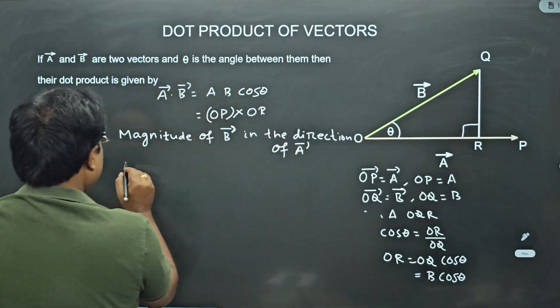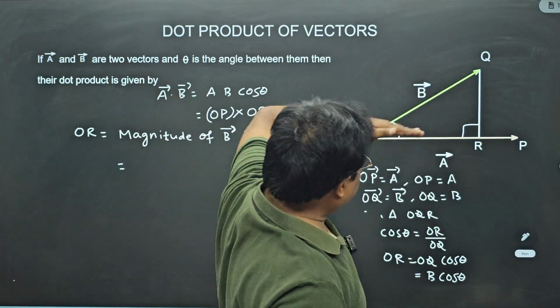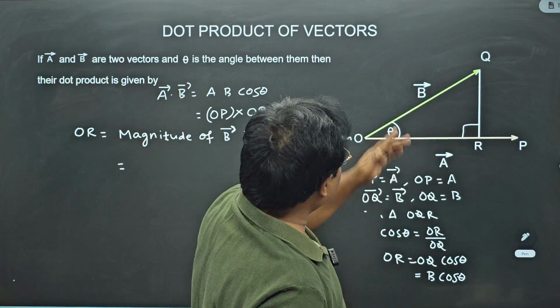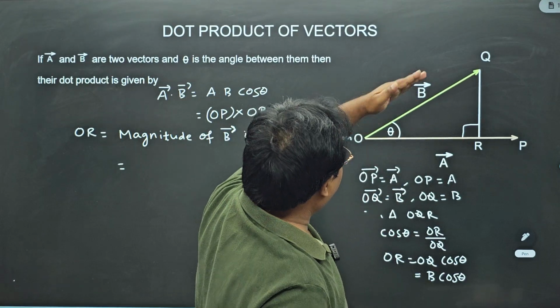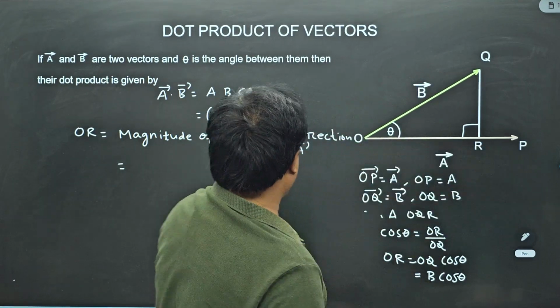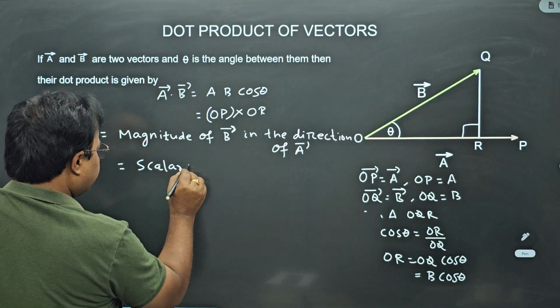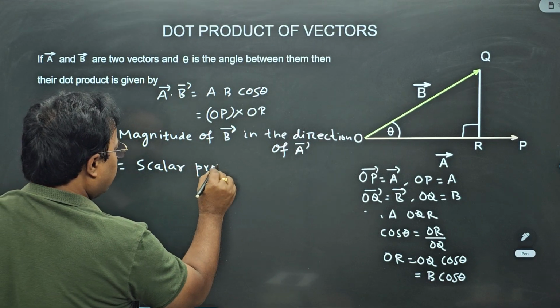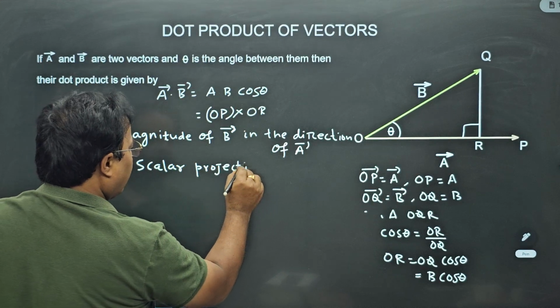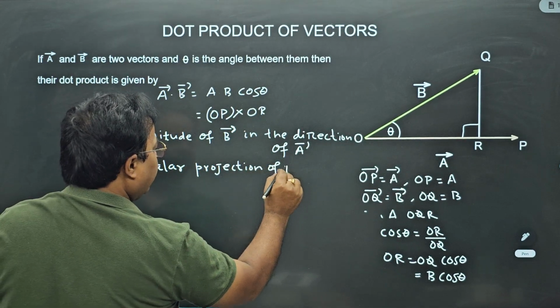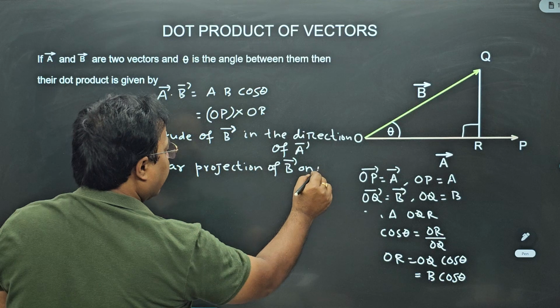Or we can write B cos theta, which is equal to OR. This you can call the scalar projection of B vector on A vector.